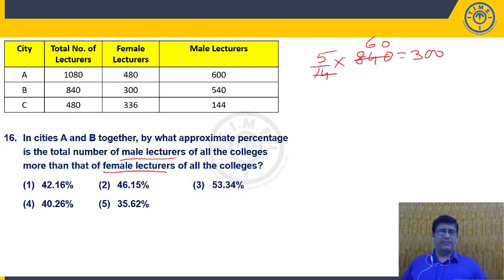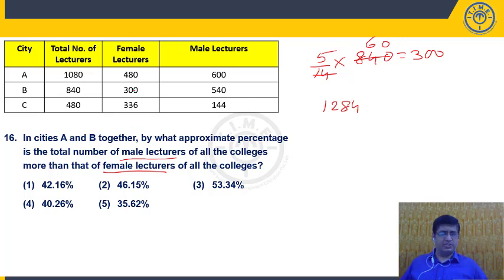600 plus 500, 1100, 1200, 1284. Am I right?